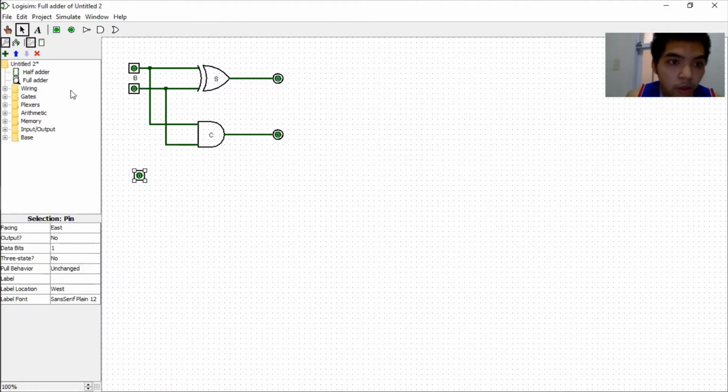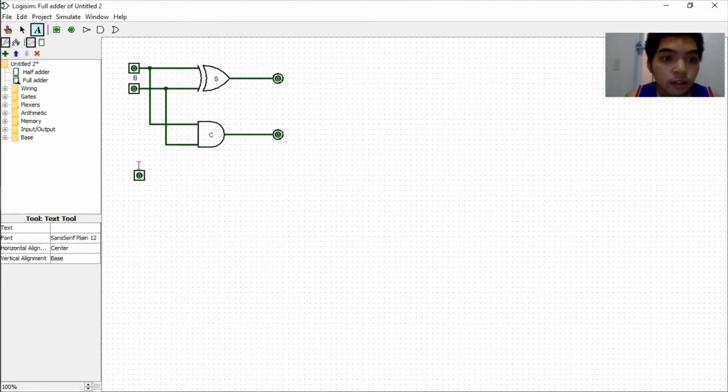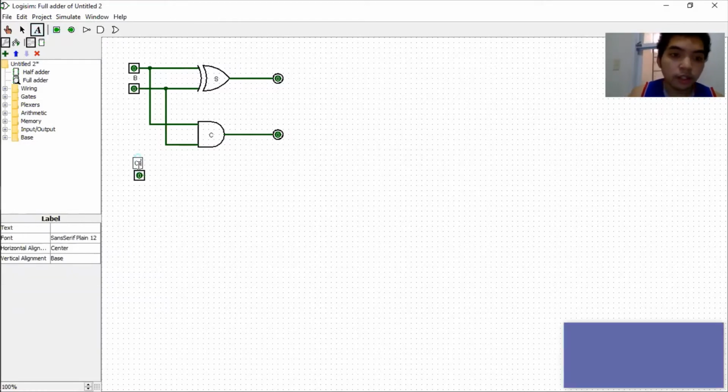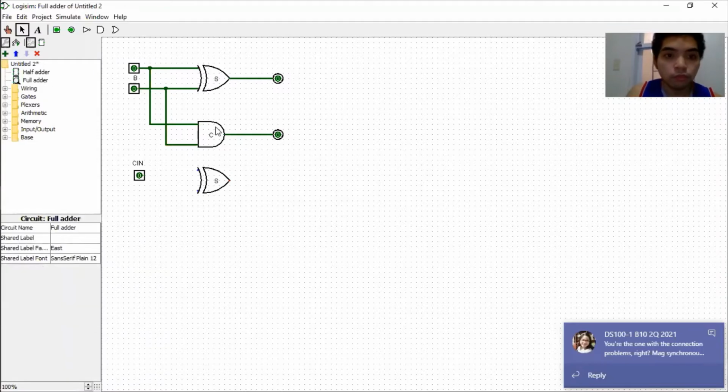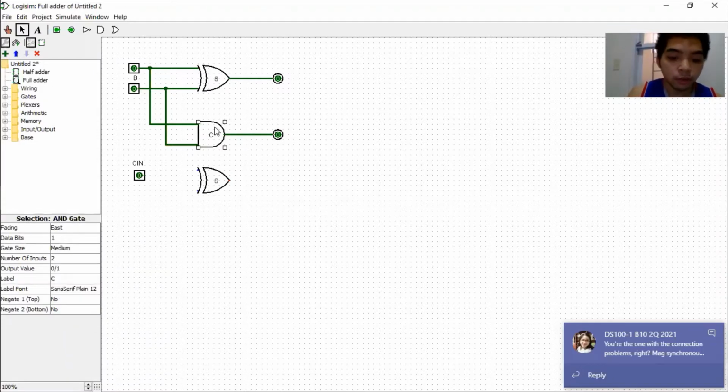This here, we can call the C-in. So with C-in, we need to duplicate the half adder.